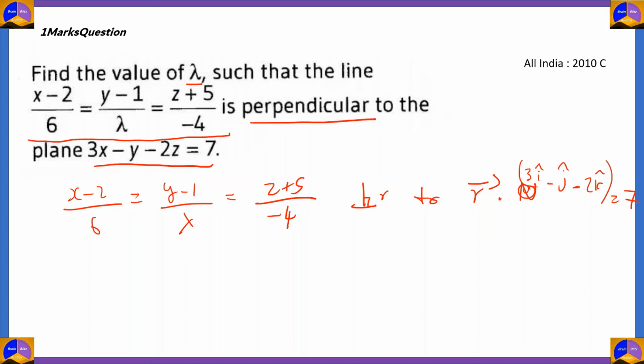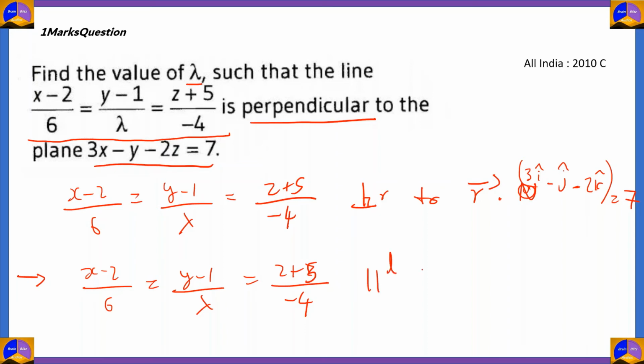So the line is perpendicular to the plane. And since the normal to the plane is also perpendicular to the plane, we can write that the line x minus 2 by 6 is equal to y minus 1 by lambda is equal to z plus 5 by minus 4 is parallel to the normal 3i minus j minus 2k.